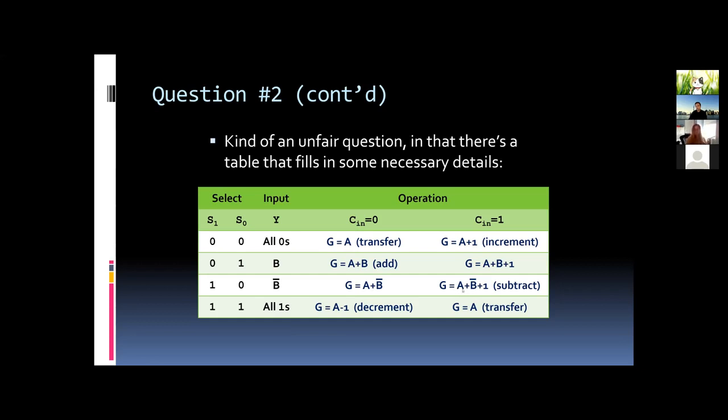We want A minus B, because not B plus 1 is minus B. So essentially that's subtract. And to achieve that, I need S0 to be 0, S1 to be 1, and Cin to be 1. Okay, so this is how we enforce our adder to do subtraction for us.